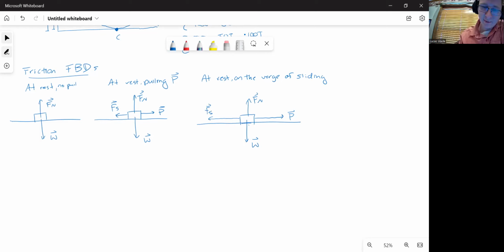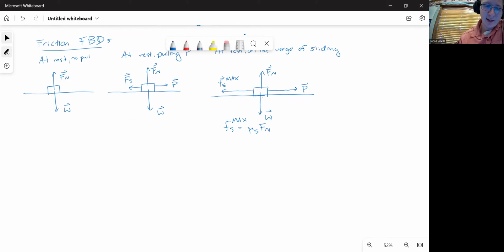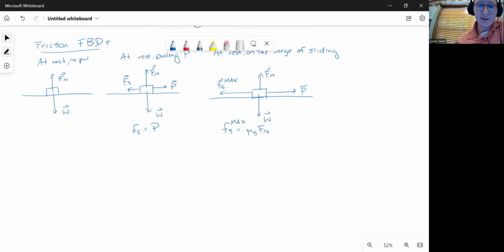Not just any static friction, but maximum. And in that case, and only in that case for static friction, that's when we can use this. For anything up to that, it's just opposing that pull P. So that static frictional force has the same magnitude as P so that the block can stay at rest.